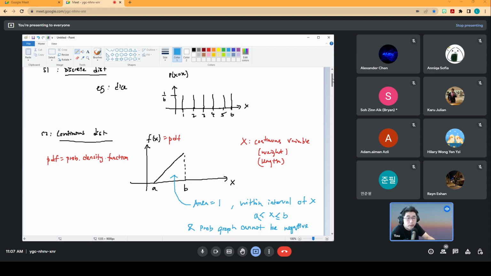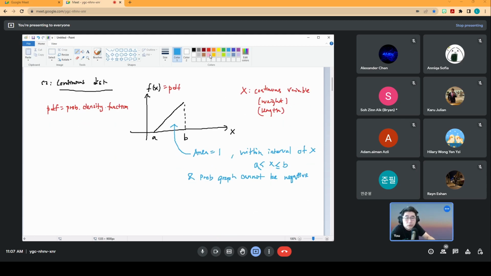Over here, usually we write the PDF as a piecewise function, a function that is written in pieces.